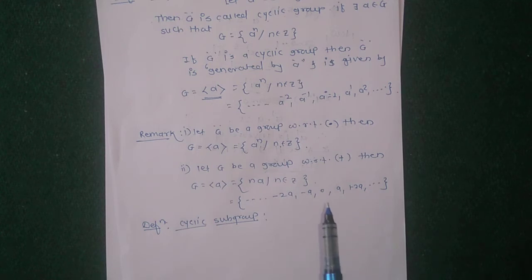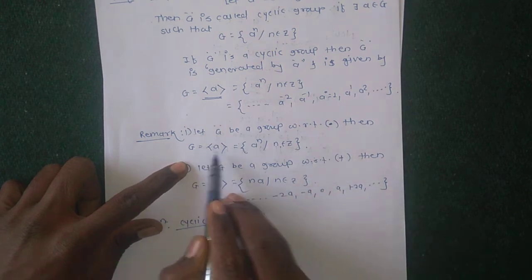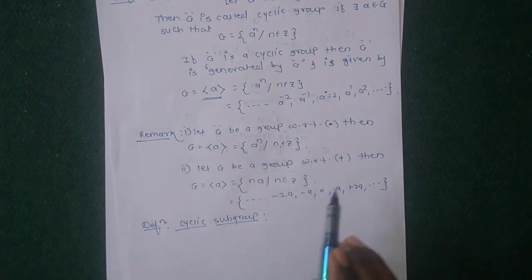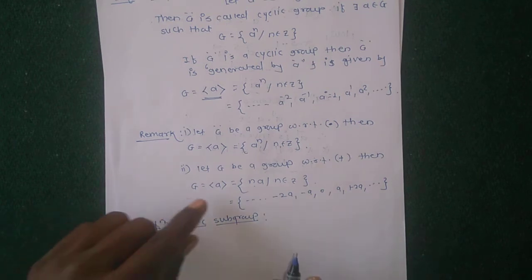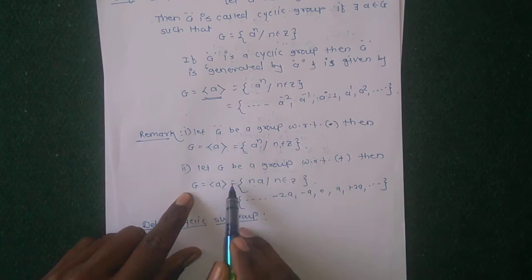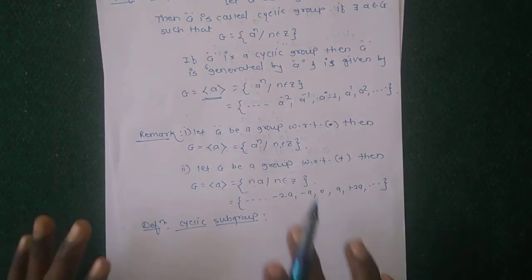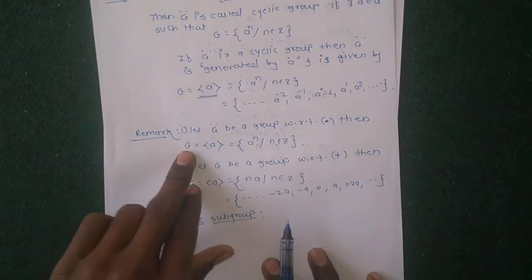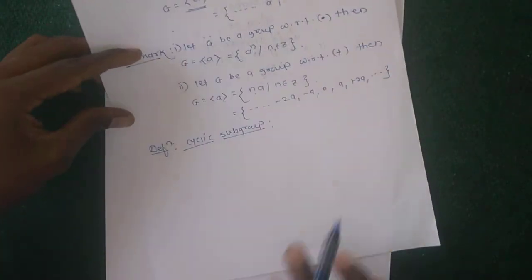If the group is with respect to multiplication, then we choose generators of the form a raised to n, and if the group is with respect to addition, then we choose generators of the form n into a. Then the set generated by a and this set are equal. This means the set n into a, where n belongs to Z, with respect to addition, and with respect to multiplication a raised to n, then G and the set generated by a are equal.